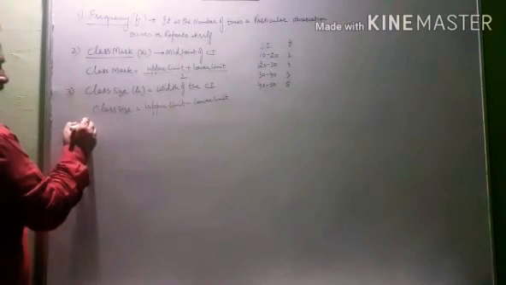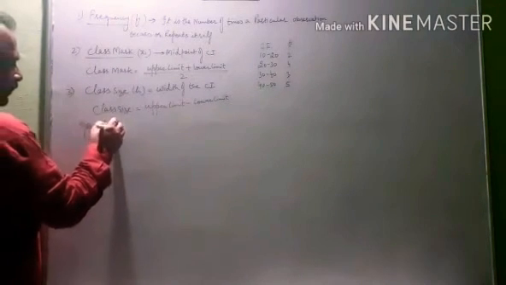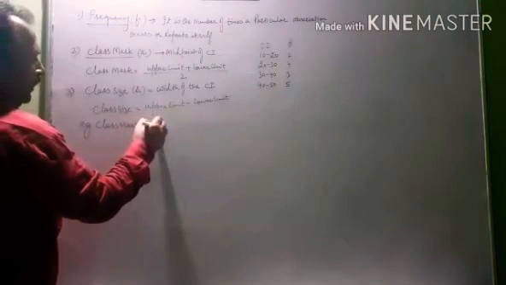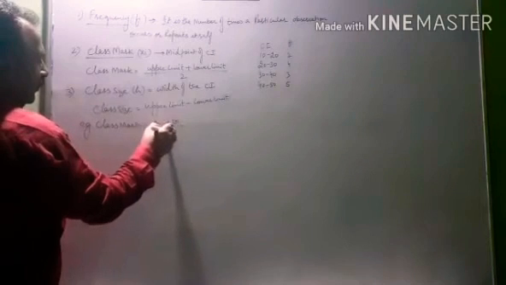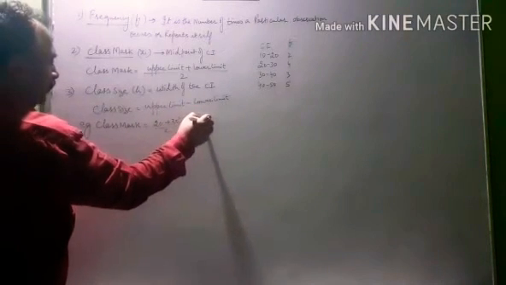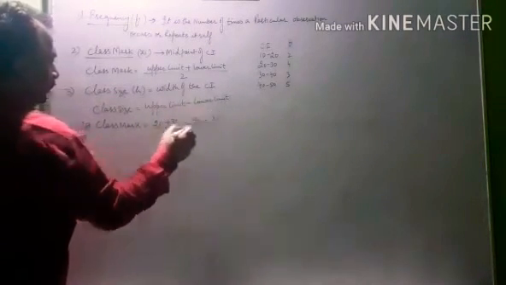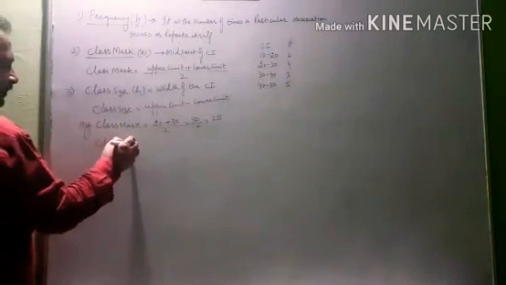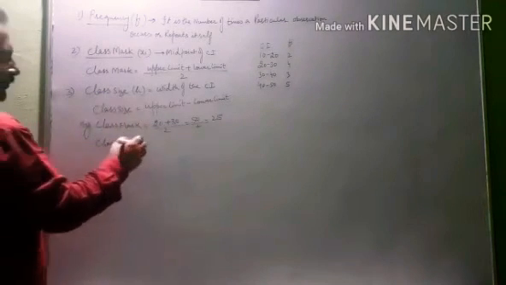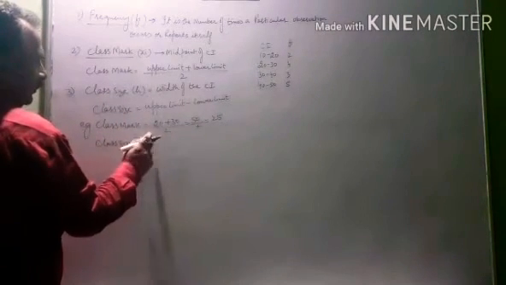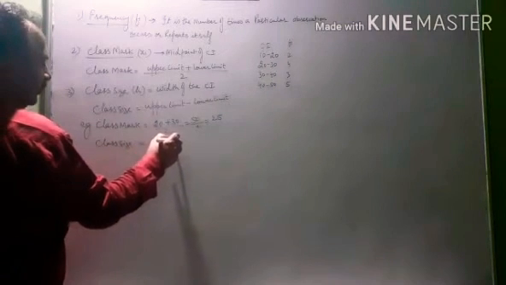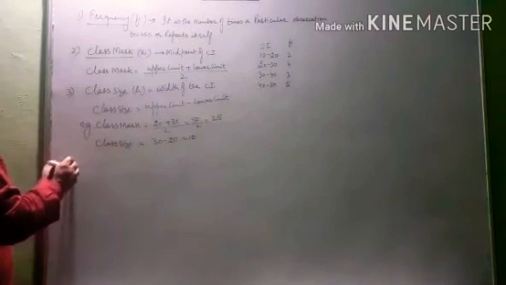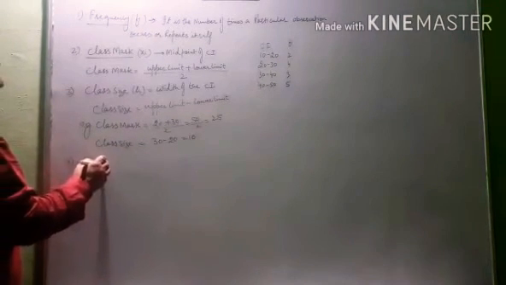So class mark of the second interval is equal to 20 plus 30 upon 2, 50 upon 2, that is 25. Now suppose you want to calculate the class size of the same interval, you can calculate upper limit 30 minus lower limit 20, that is 10.